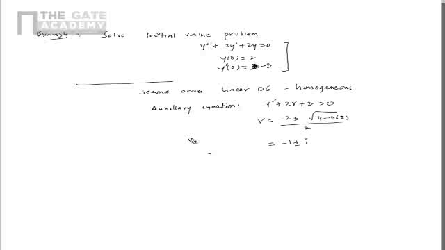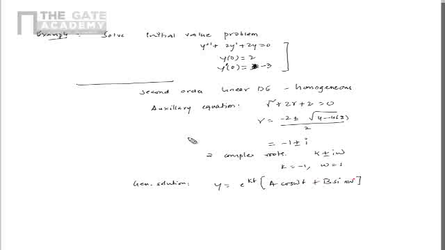So again, two complex roots. Okay, so putting it in this form, k is equal to minus 1 and omega is equal to 1. So we know the general solution for this case is e power kt times a cos omega t plus b sin omega t. So e power minus t, a cos omega t plus b sin omega t, omega is 1, so a cos t plus b sin t.